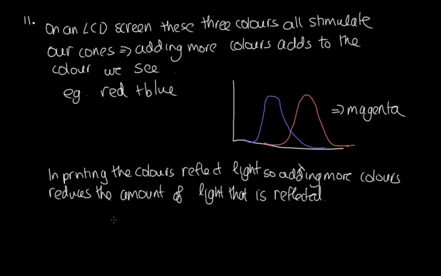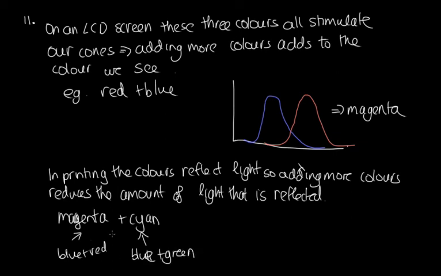For example, if we have magenta ink, which reflects the blue and the red wavelengths, and then we add cyan, which reflects blue and green, then when we add these two together, they only reflect the colour that they have in common. So in this case, these two only reflect blue. And so this is how we get the blue colour in printing.